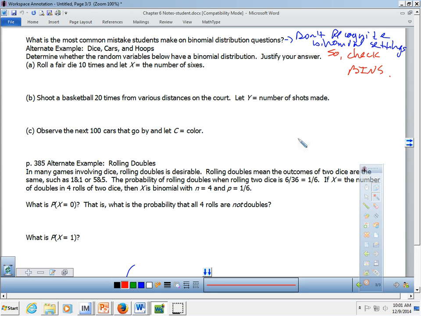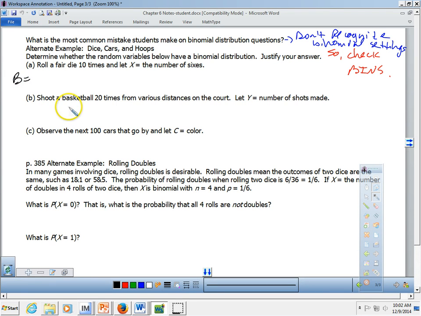Well, we can't get into calculating binomial probabilities unless we understand and recognize binomial settings. So, in these next couple of ABCs here, let's see if we can figure out if the situation described is a binomial setting. Okay? So A says, roll a fair die 10 times and let X equal the number of 6s. Okay? So think about that.